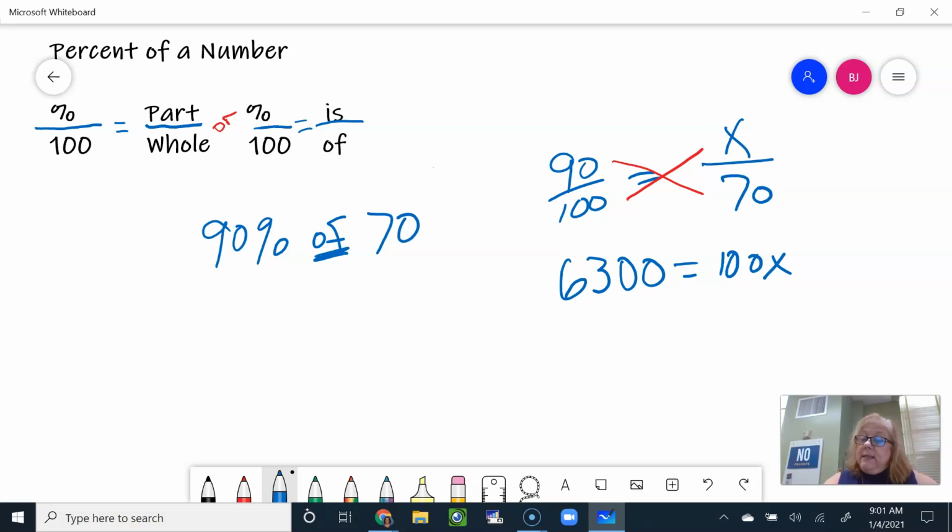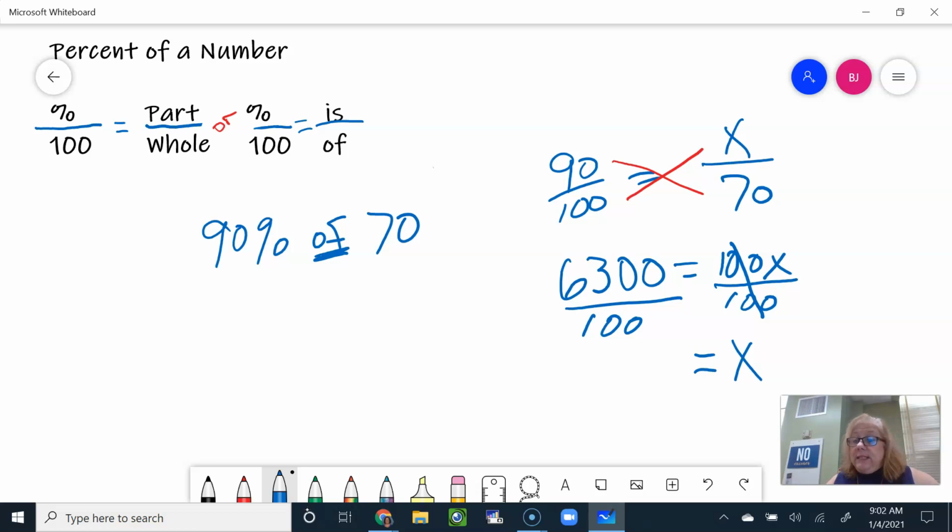Once again, this is a multiplication using a variable, and to solve a multiplication using a variable, we divide by 100. Once again, 100 divided by 100 gives you 1, so that's x.